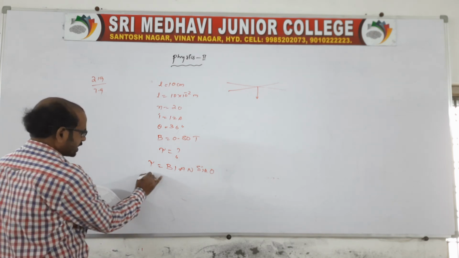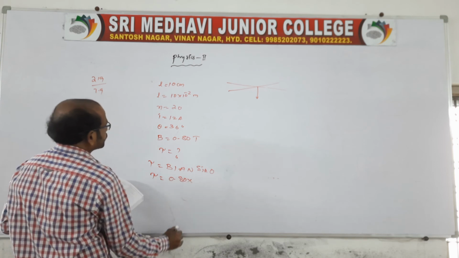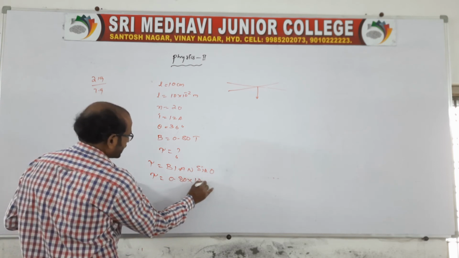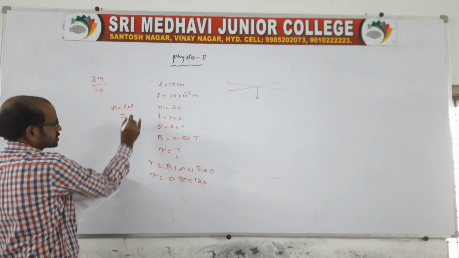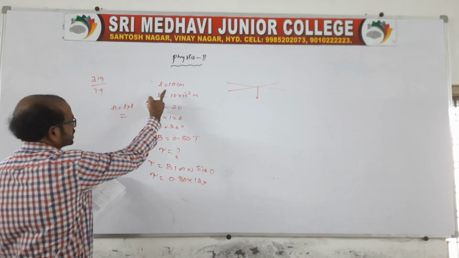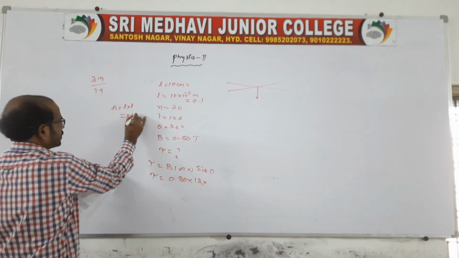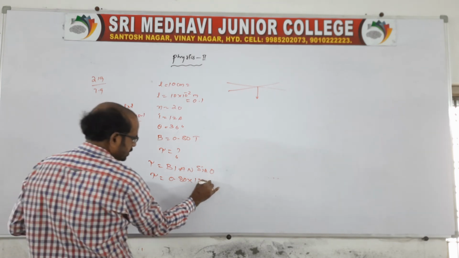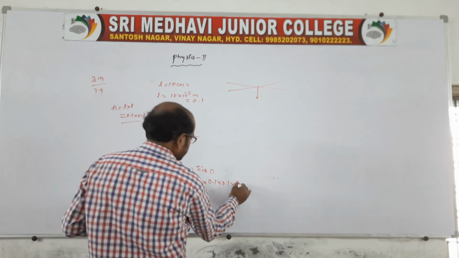Better you take it like this: torque is equal to B is 0.80, current is 12, area is length into length, L into L, because only the length is given. You take 10 centimeter, that is 0.1. So 0.1 into 0.1 is the area, number of turns is 20, sine 30.